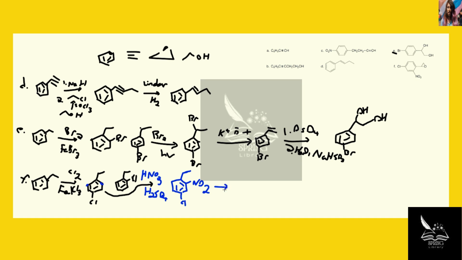So let's add our bromine, our radical initiator, and then we'll just add the strong base, potassium tert-butoxide, to get our alkene, just like in E. And now from this stage, if you guys remember, I think it was chapter 11, maybe chapter 12, if you had MCPBA, you convert your alkene into a cyclopropyl group with an oxygen in it.